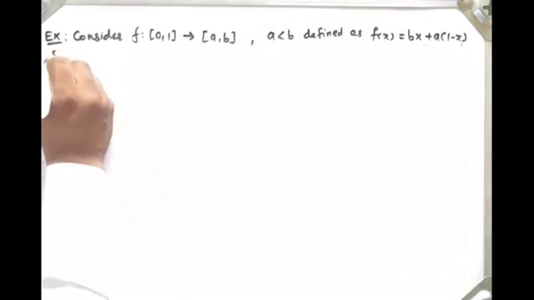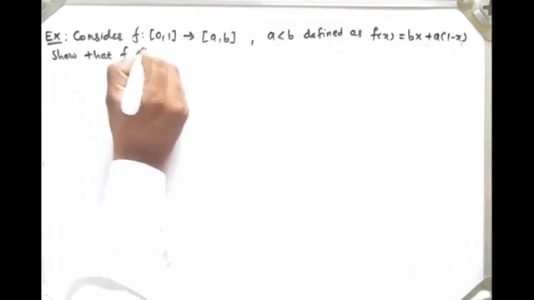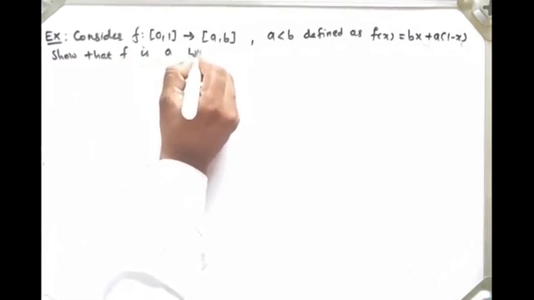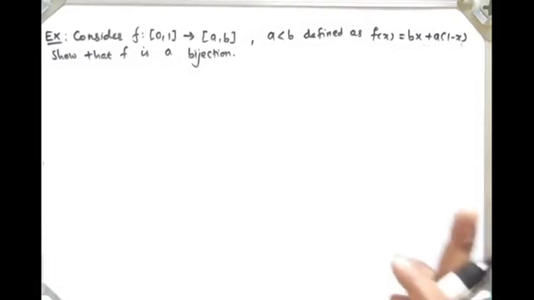Show that f is a bijection. Now here we have to show f is a bijection, means we have to show that function f of x is one-one and onto both.